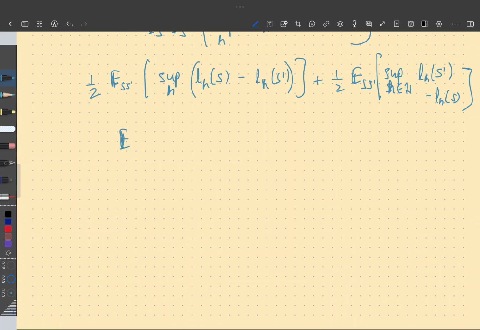It's exactly equal to expectation over sigma, where sigma is a Rademacher random variable, expectation over S and S prime of the supremum over all H of sigma times L_H of S minus L_H of S prime.